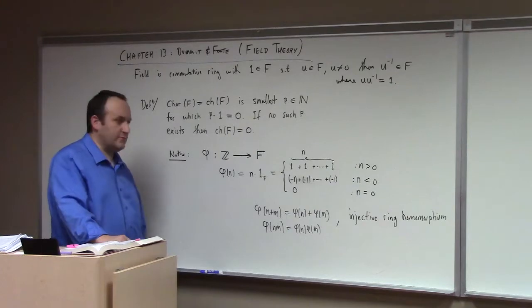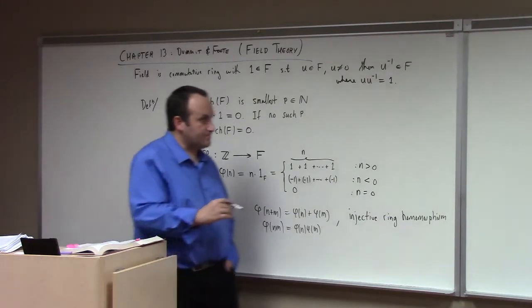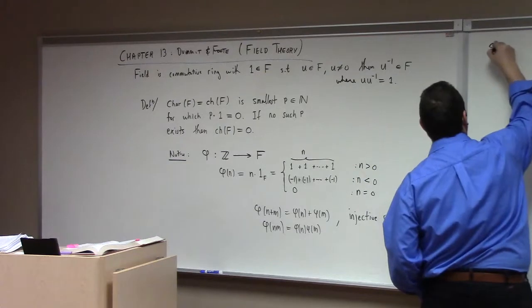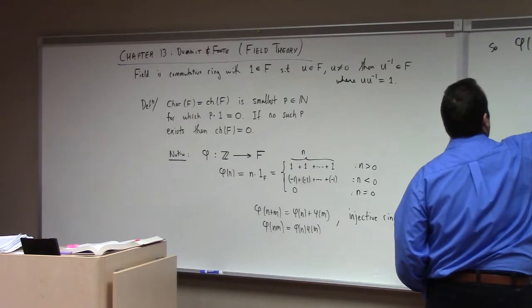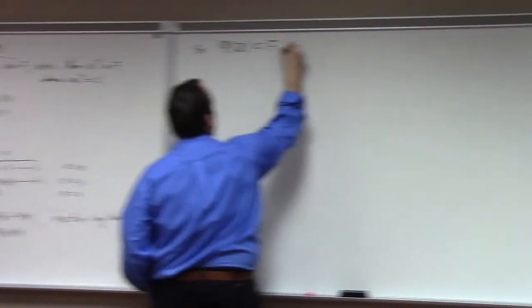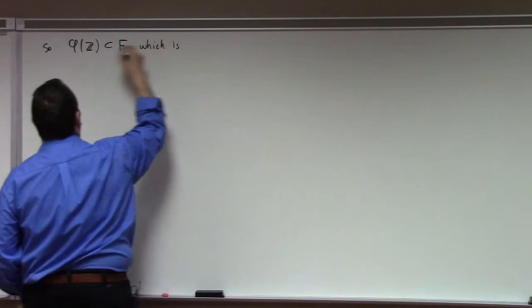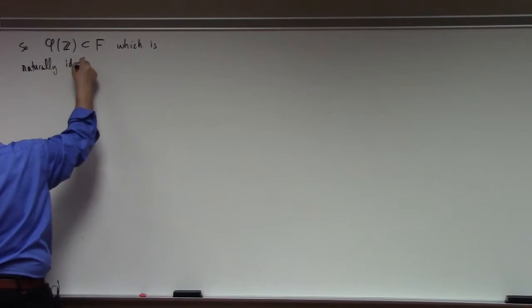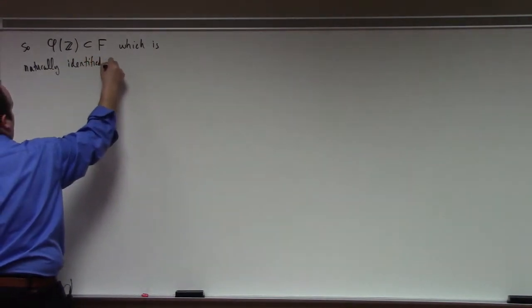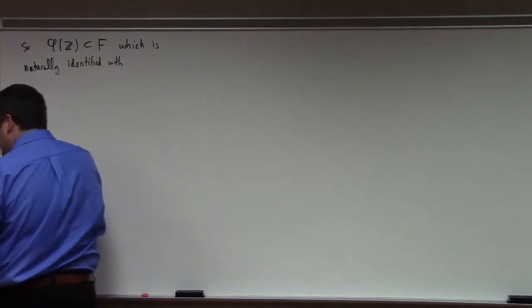Anyway, long story short here, what does this mean? The point of all this is, phi of Z, right, is a subset of F which is naturally identified with what? Well, that depends on the characteristic of the field, all right?